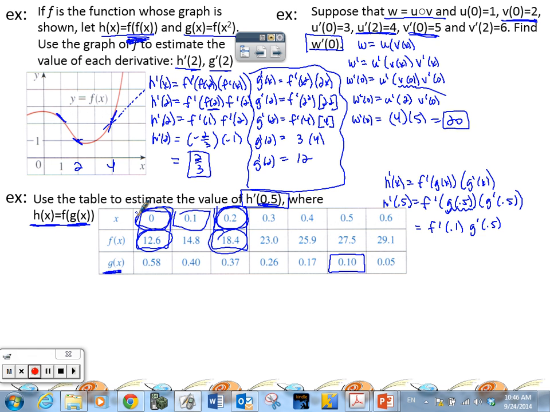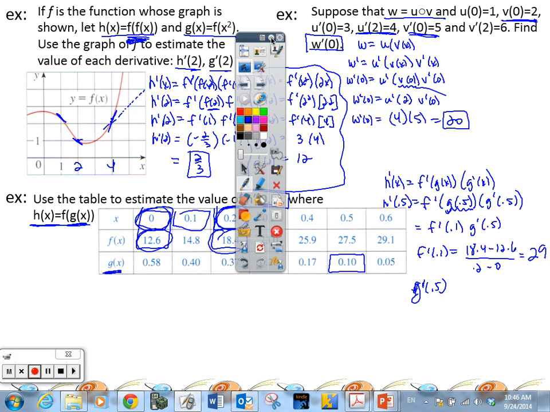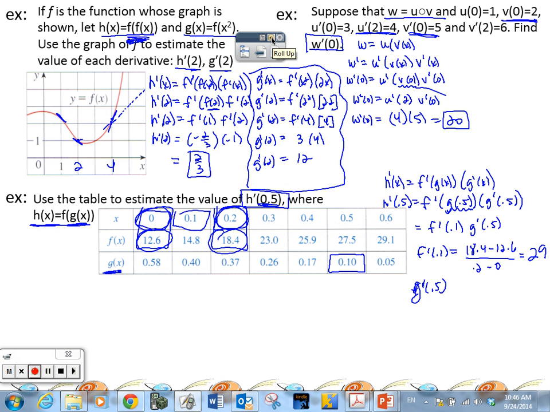So f prime of 0.1 would be 18.4 minus 12.6, that's a difference in y's, over 0.2 minus 0. We work that all out, and strangely enough, we get an integer, 29. Then we go to g prime of 0.5. I want to find g prime at 0.5.